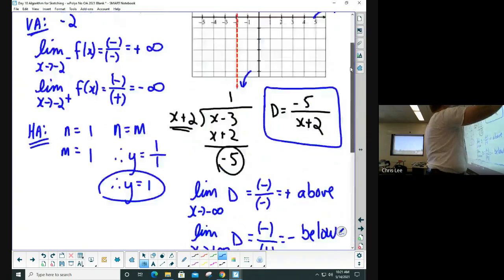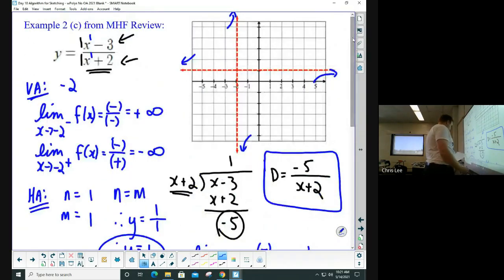I'll plot those. So the x-intercept was 3, and the y-intercept was negative 1.5. Again, since I'm being more accurate, I am going to label this. Negative 1, negative 2, negative 3, negative 1, negative 2, all those positive.